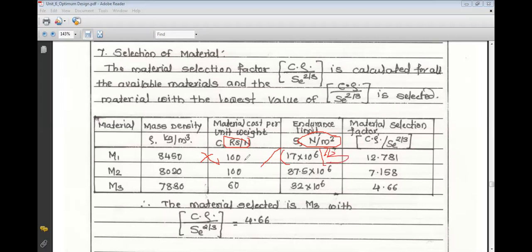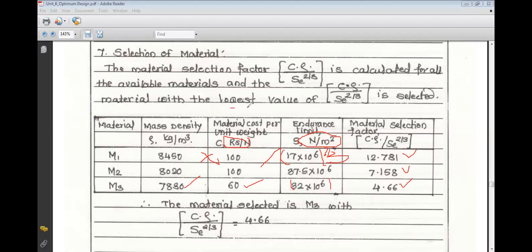So if we calculate this value, we get 12.781. Similarly, for the second material, rho into C divided by Sc raised to 2 by 3, the value becomes 7.158. And for the third material, rho into C divided by Sc raised to 2 by 3, the value becomes 4.66.